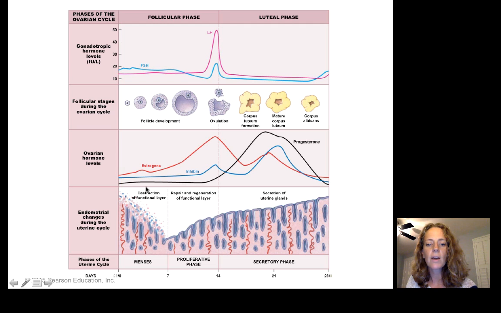Make sure that you understand the estrogen levels, the progesterone levels, and the FSH and LH levels that occur because of that. Make sure that you can track both the follicle stages in the ovary and the uterine stages that support the potential for the fertilized egg to implant into the uterus if everything goes properly.